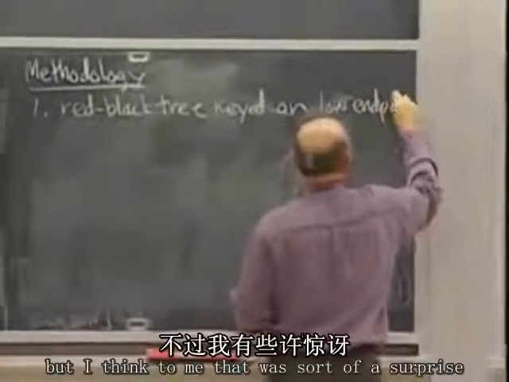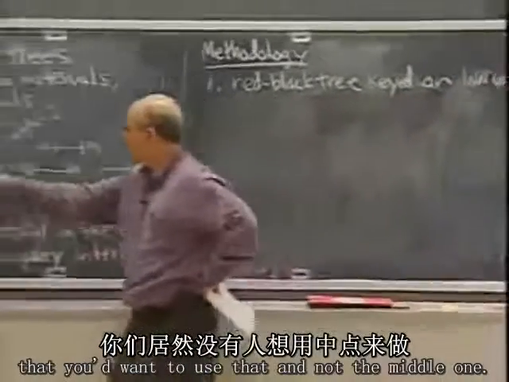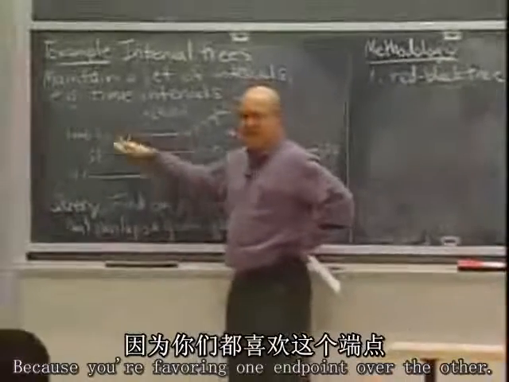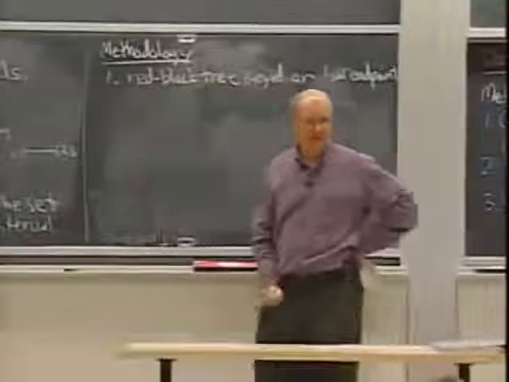To me that was sort of a surprise, that you want to use that and not the middle one, because you're favoring one endpoint over the other. Turns out that's the right thing to do, surprisingly.